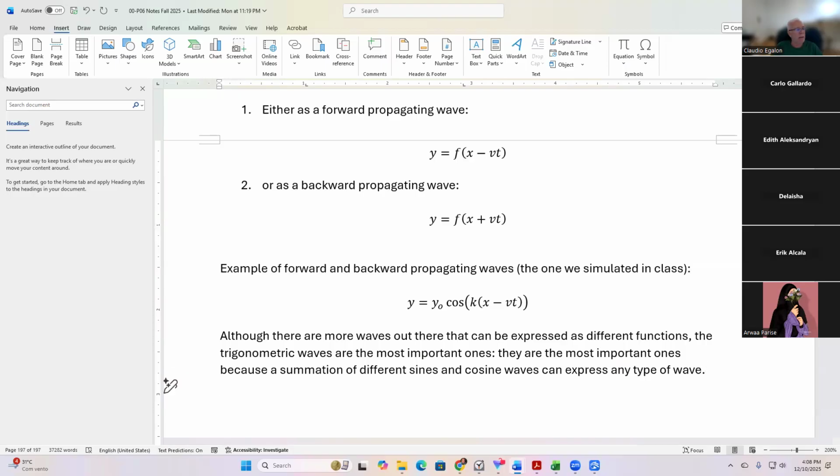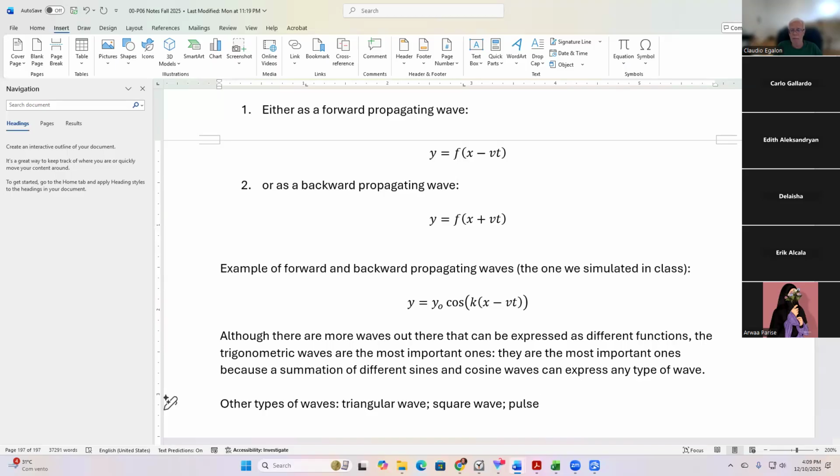And by any, I mean it's not just sine or cosine waves. By any type of wave, I mean a triangular wave, for instance. Other types of waves: triangular wave, square wave. You can have a pulse.